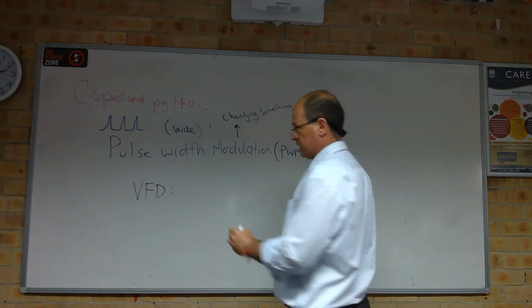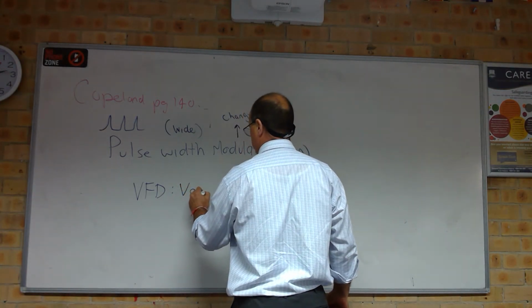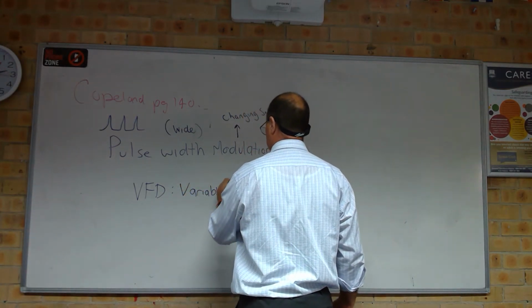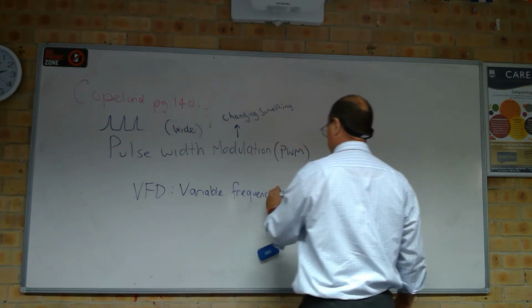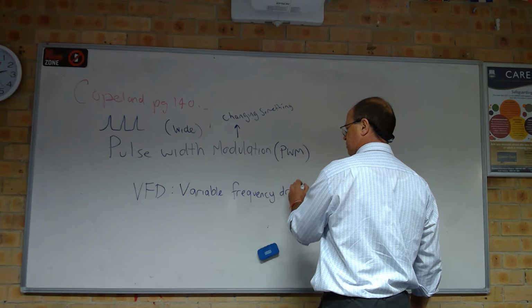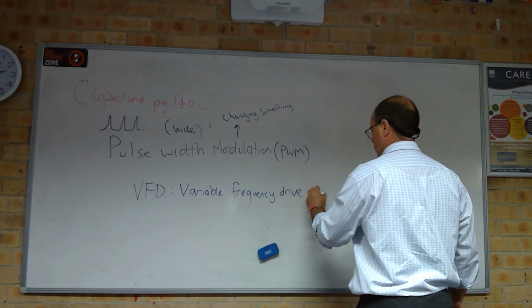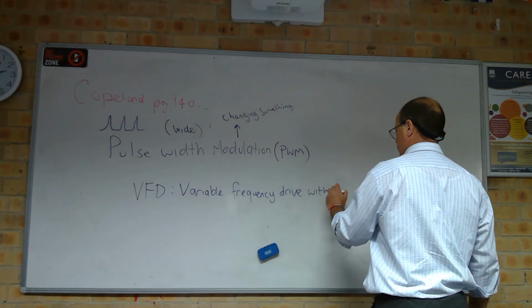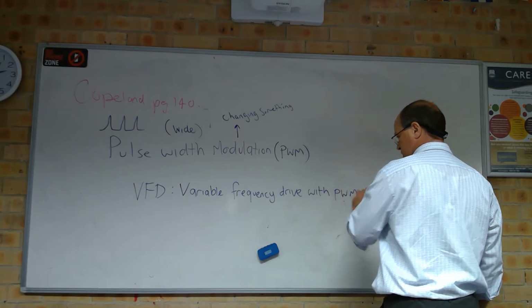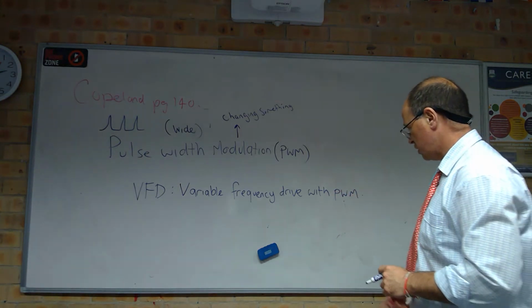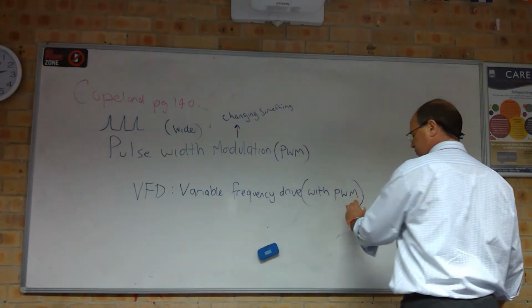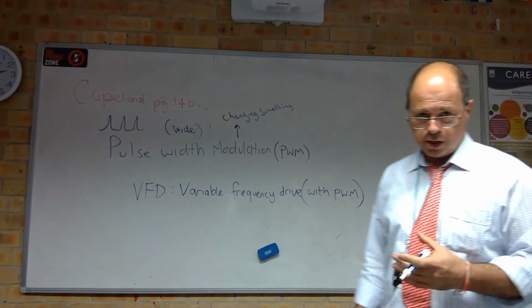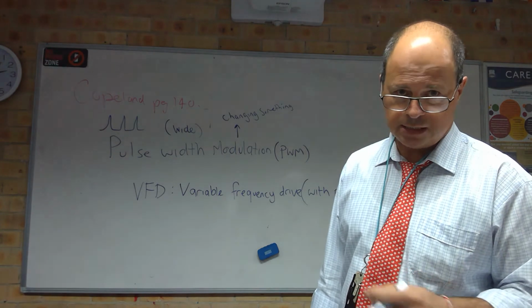And that's actually standing for variable frequency drive, with pulse width modulation is how it's usually used. So it'll be VFD with pulse width modulation. Okay, that's the way we control an AC motor.